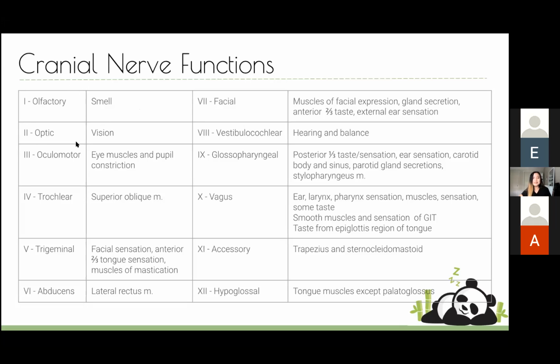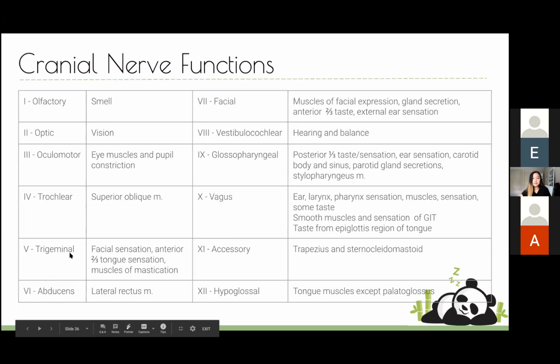Two, optic, vision, awesome. Three, oculomotor, and these are basically most of your eye muscle movements as well as pupil constriction. And then 4 and 6, also part of your eye, is so for LR6: superior oblique for your trochlear, lateral rectus for your abducens.